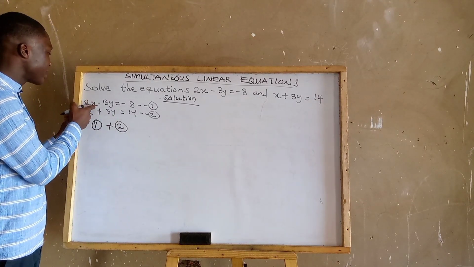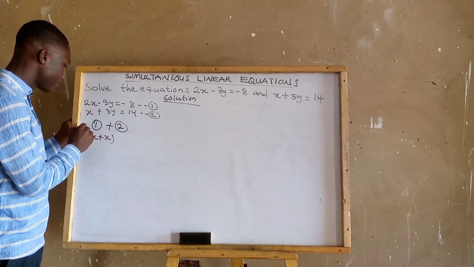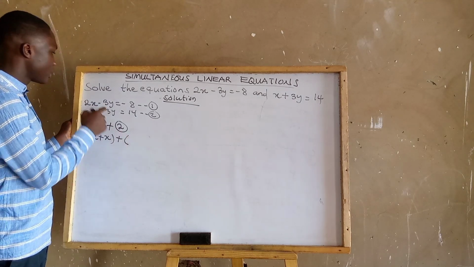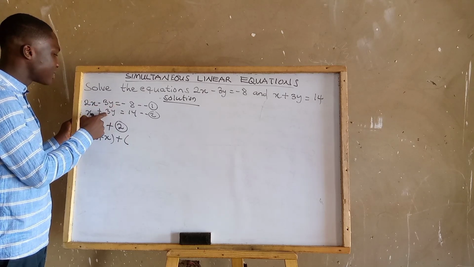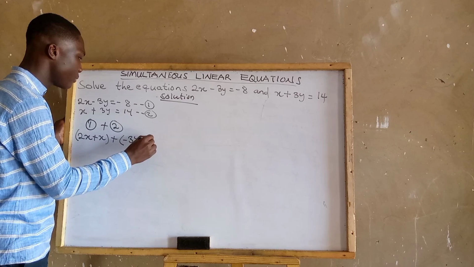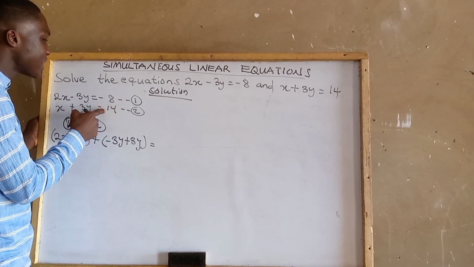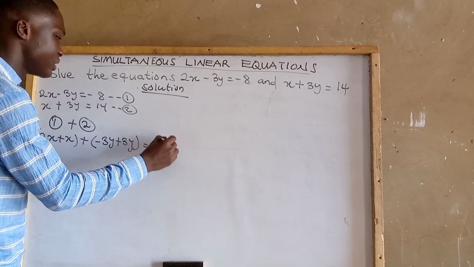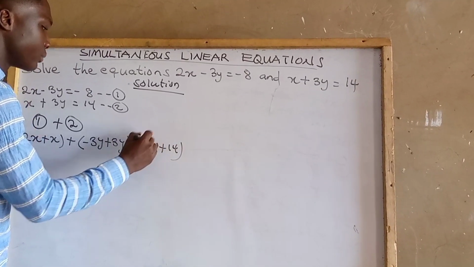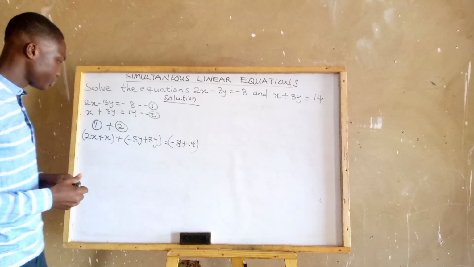So we have 2x plus x plus negative 3y plus 3y is equal to negative 8 plus 14. So we are adding equation 1 and equation 2.